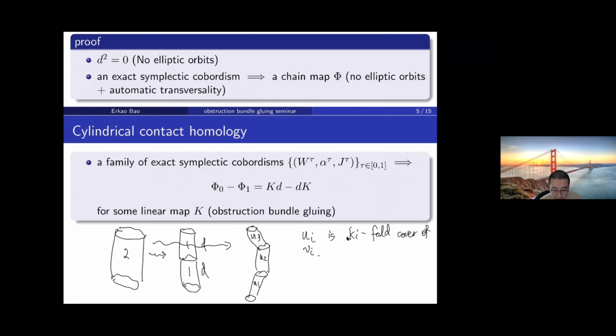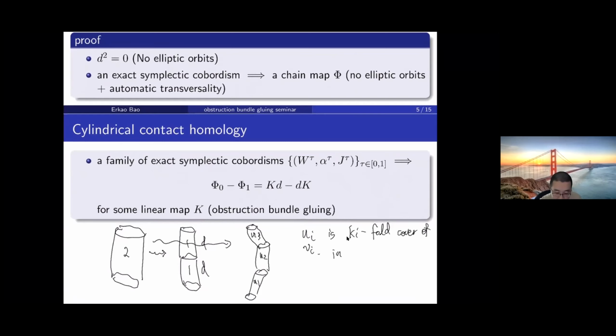Because J is generic, V_i is simple. So by the previous formula we have the index of U_i equals K_i times the index of V_i plus the branch points B_i, which is non-negative, and because the index of V_i has to be at least 1, the index of U_i is greater than 1.